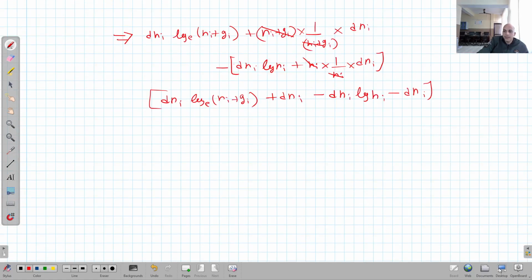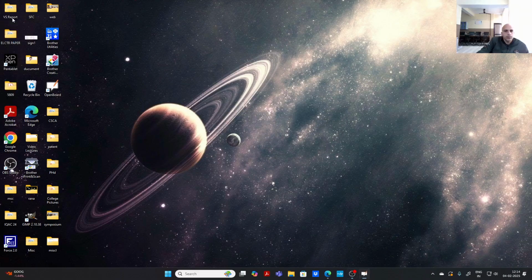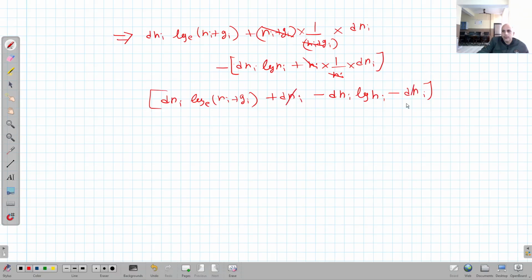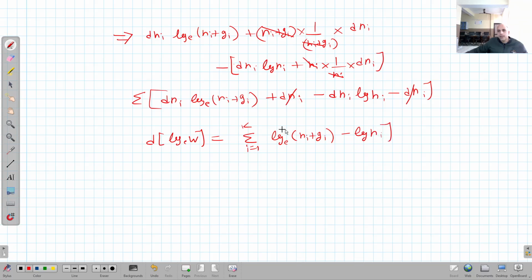Then in the next step, this gets cancelled, so it becomes d log e W is equal to summation, i goes from 1 to k, of log e (Ni plus Gi) minus log of Ni, bracket, into dNi. Let this be equation number 1.